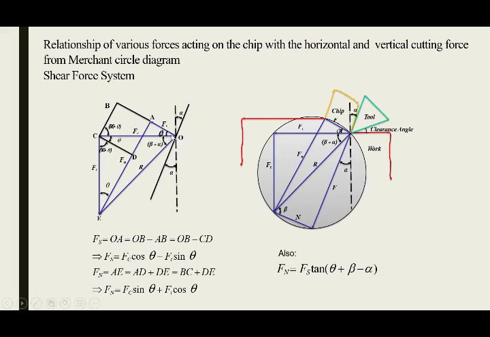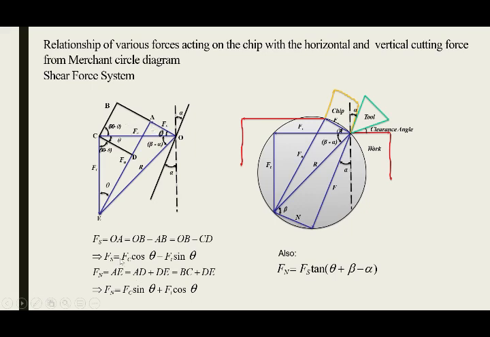So OA will be, from triangle OBC, OB minus AB, and AB is equal to CD. Okay, OB minus CD.